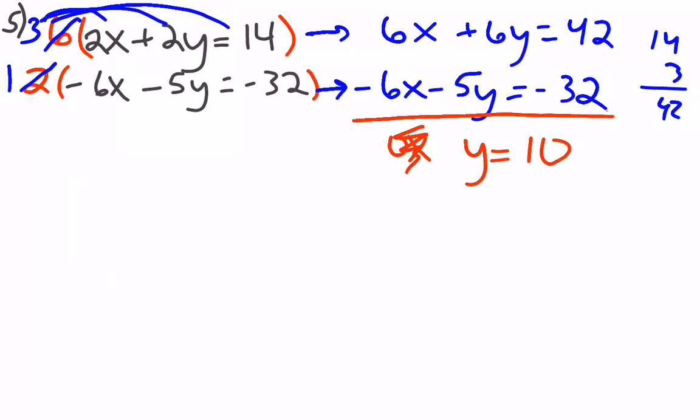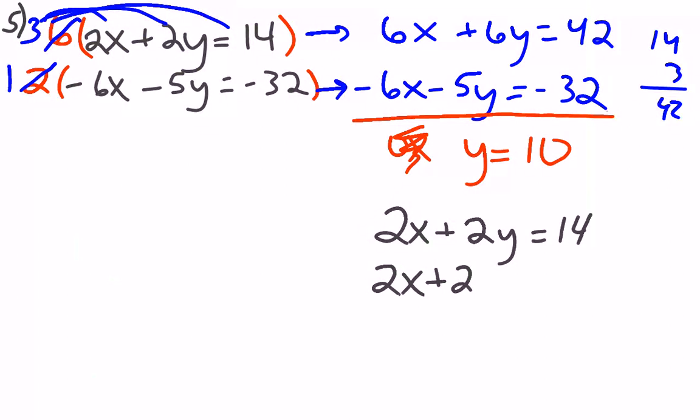And now I need to substitute that back into an equation. I kind of like the first equation. I like 2's, so we'll do 2's. So 2x plus 2y equals 14. So 2x plus 2 times 10 equals 14.